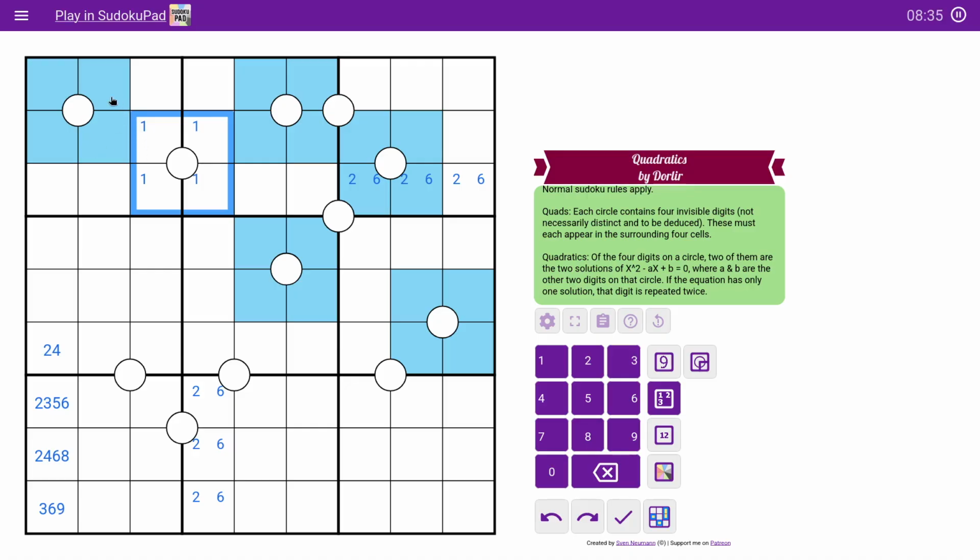So it appears in both of these boxes, so it can appear in neither of these quads. So the 1 cannot be paired with 2, 3, 4, 5, 6, or 8. It must be paired with 7, right?